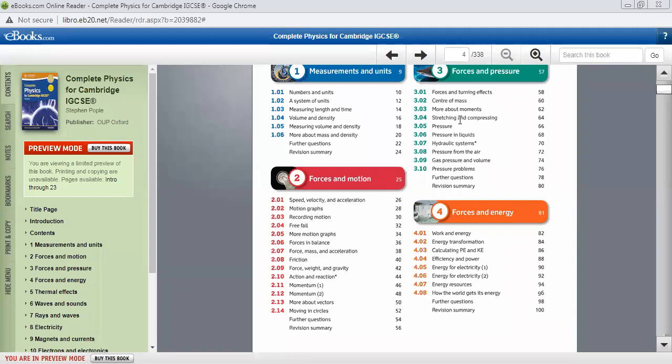Forces and pressure, forces and turning effects, center of mass, more about moments, stretching and compressing, pressure in liquids, hydraulic systems, pressure from the air.